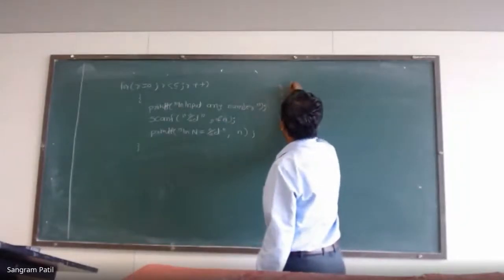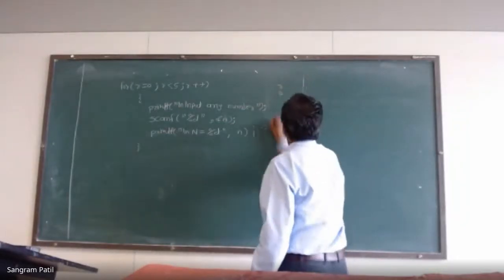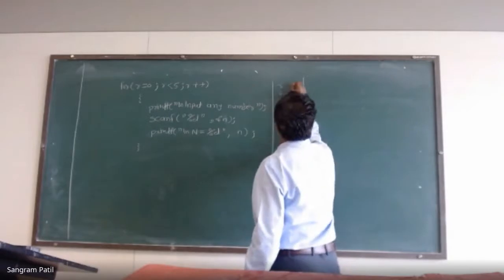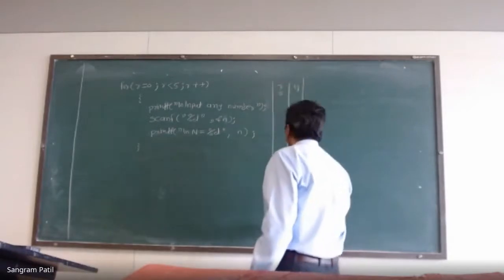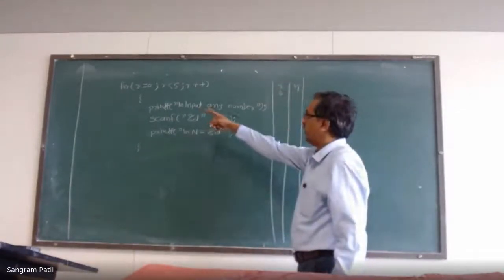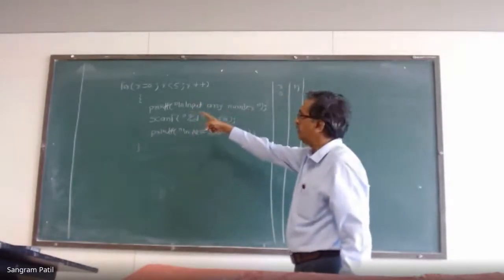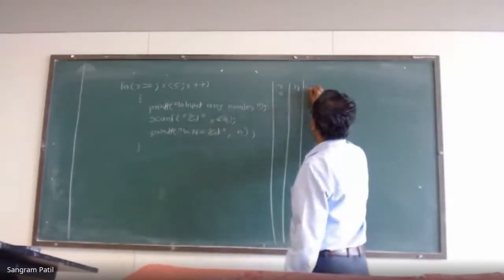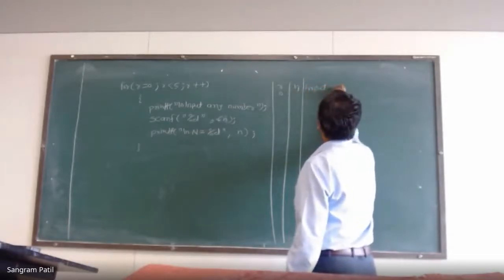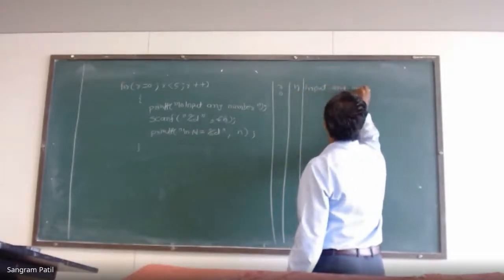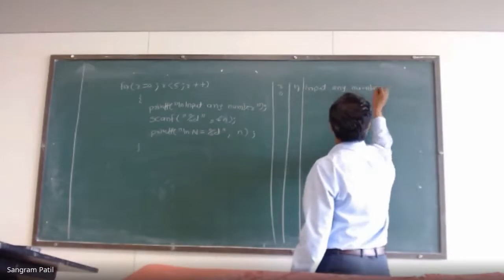Initially r is 0. We have declared two variables. Curly bracket means r equal to 0, r is less than 5, yes. Curly bracket, printf, input any number. It gives you the message to input any number.